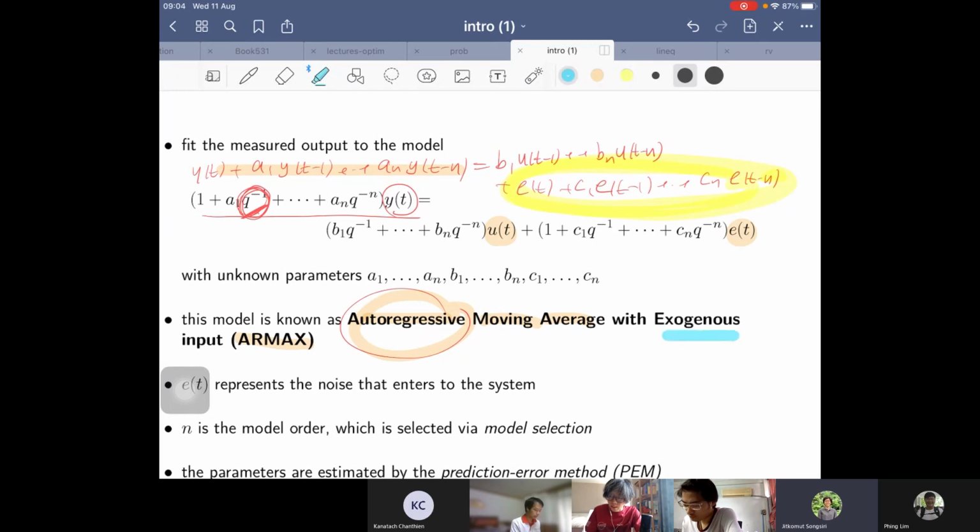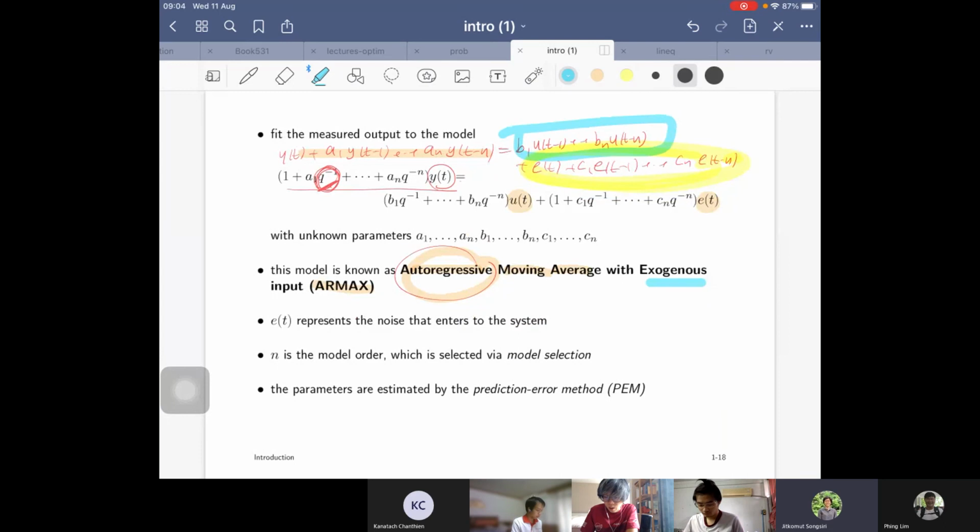It also has exogenous input, because we look at U as exogenous input. This is a time series model that is used a lot in many fields.